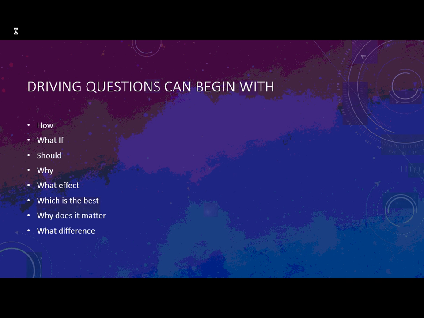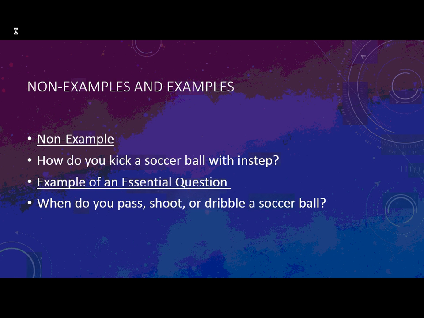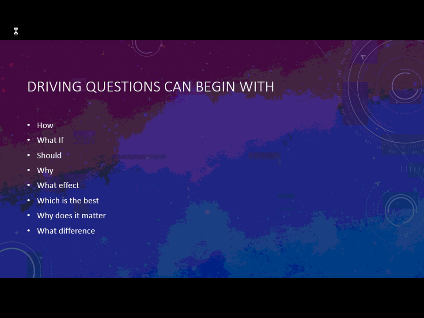But just because it starts with these prompts, it doesn't make it an essential question. Here is a non-example. How do you kick a soccer ball with the instep? So if we go back to the other slide, how? Well, it's supposed to be an essential question because it starts with how, but not all of the time.